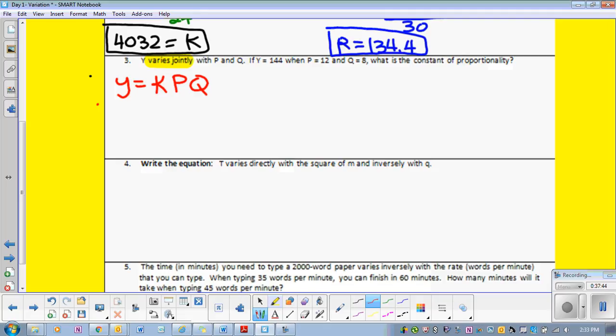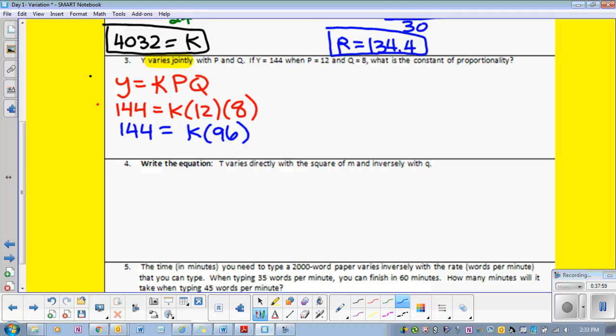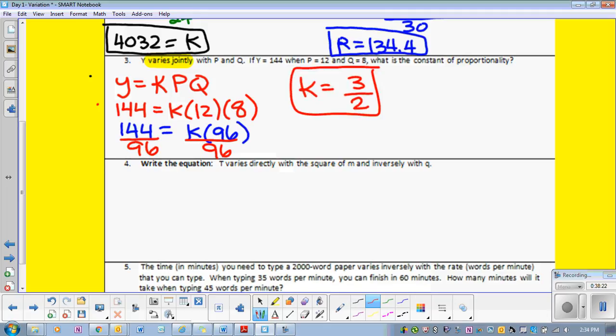If y equals 144 when p equals 12 and q equals 8, right? 12 times 8 is 96. How do you solve for k? Carlos. Divide by 96 both sides. Okay, and then what do you get? 3/2. K equals 3/2, or 1.5 again. Right, Mitchell?